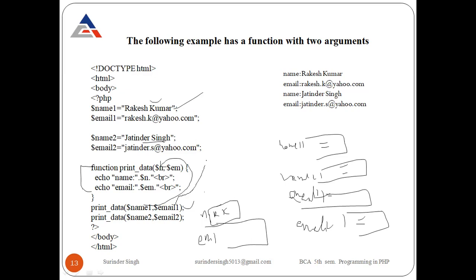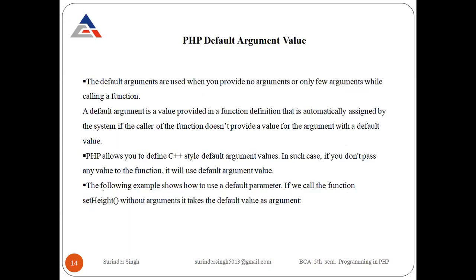The value of email 1 will be copied into em, and the value of email 1 is rakesh.k@yahoo.com, which will be copied into the em variable, and here we are printing them. Clear? Similarly, when we call the second time, the name 2 value will be copied into n, and the email 2 value will be copied into the em variable.